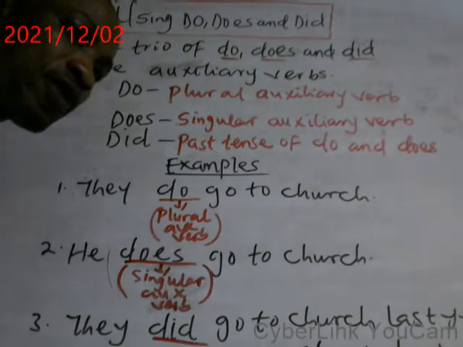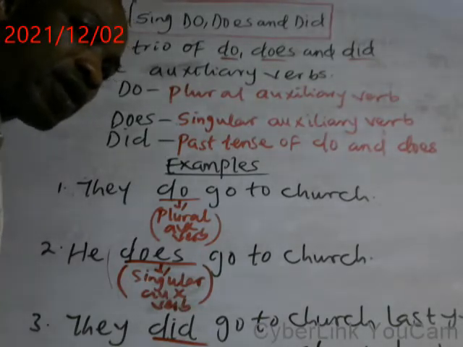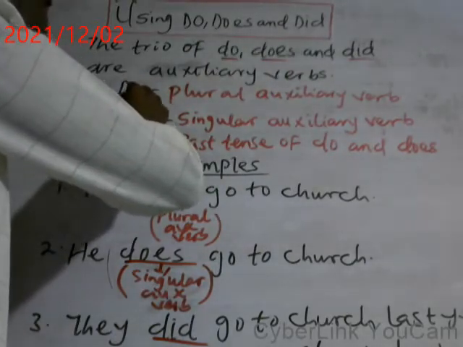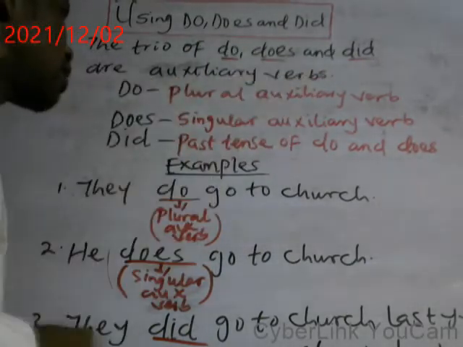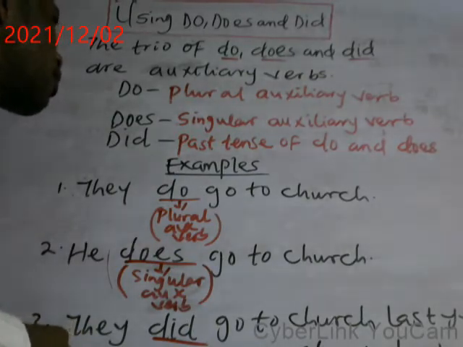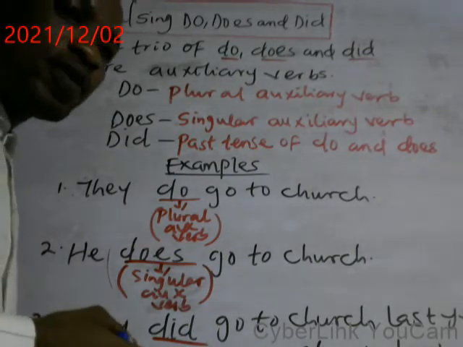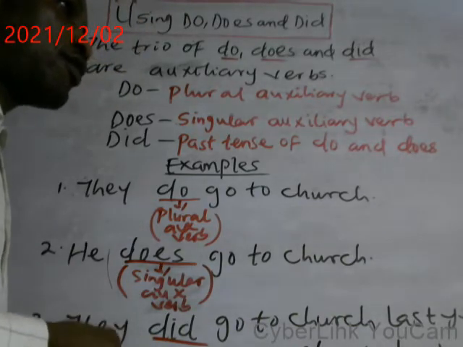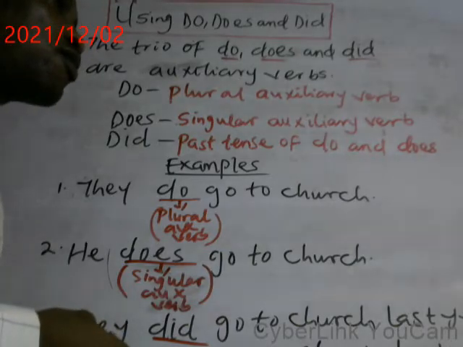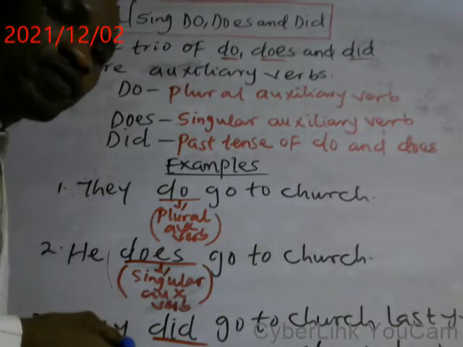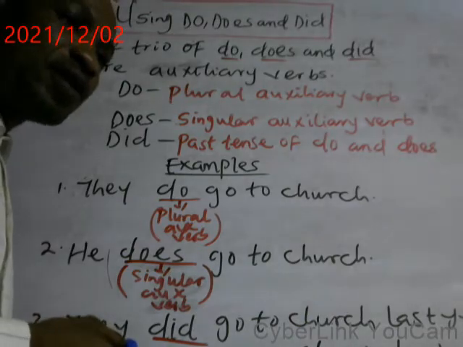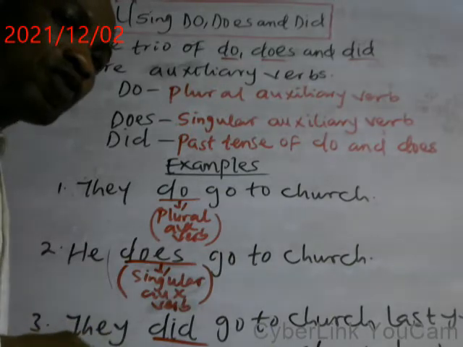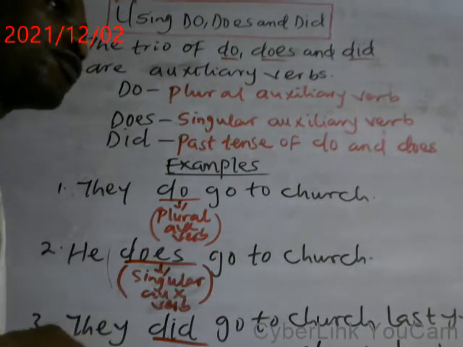Now, for the sake of clarity and understanding, do is a plural auxiliary verb, meaning that it works with plural subject. You know, there is no how we talk about verb without mentioning that subject determine the verb to use in English language.